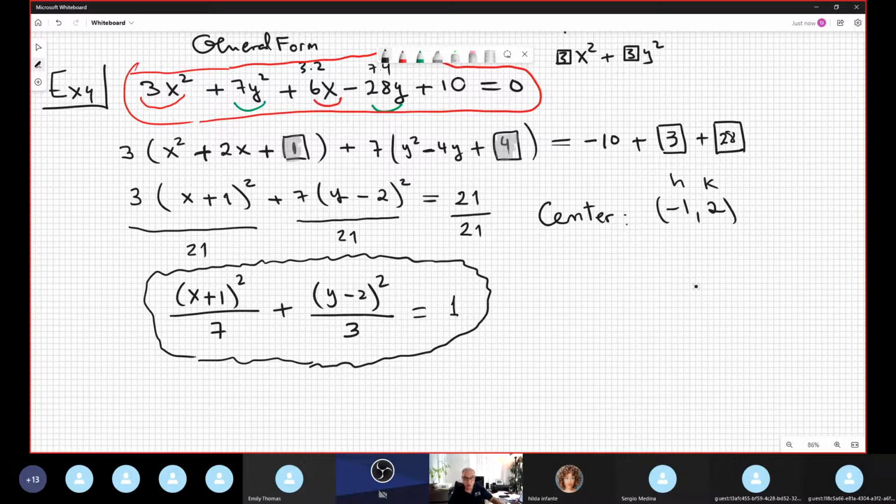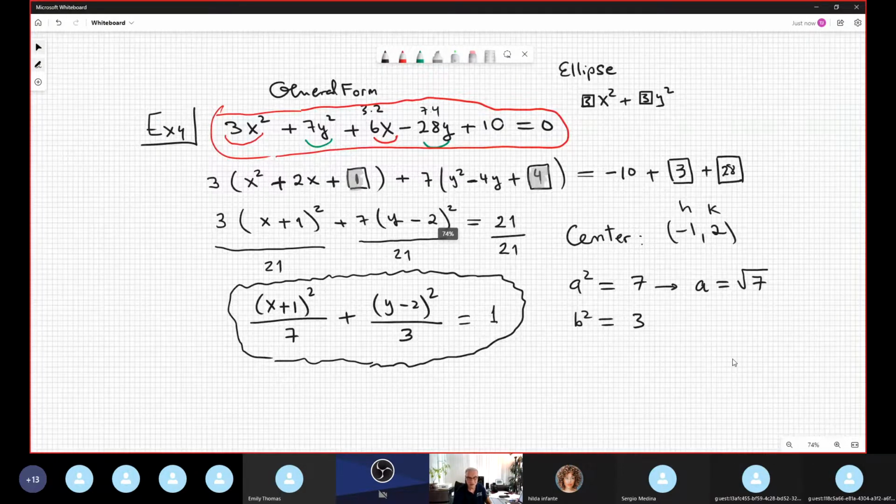What about a squared and b squared? Who is this guy? Look at the equation. No mathematics. Only use your eyes. Who is a squared? Who is b squared? a squared is 7, sorry, and b squared is 3. Therefore, automatically I know that a is radical 7. Of course, it's a weird number, no? But I don't care.